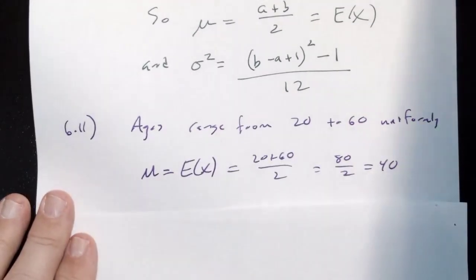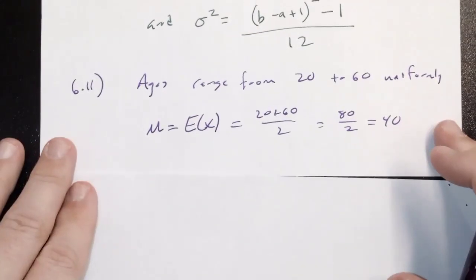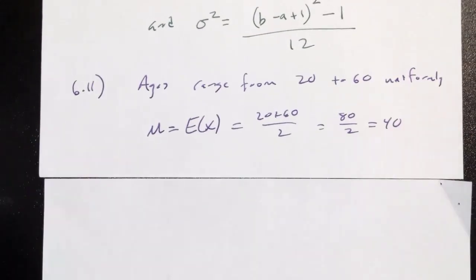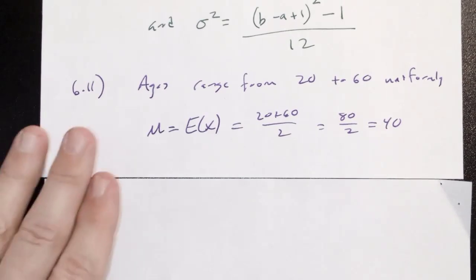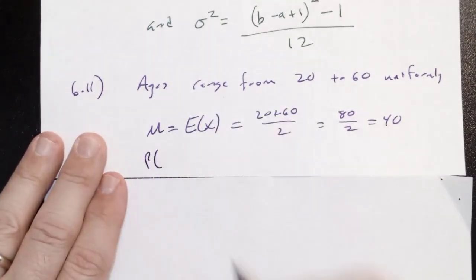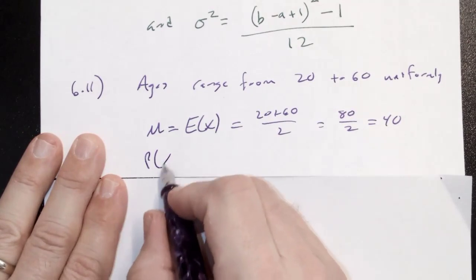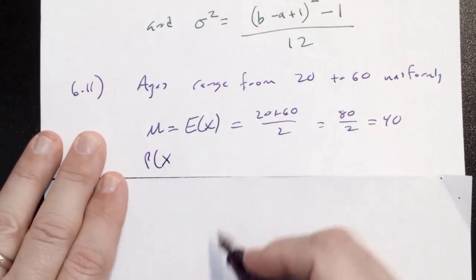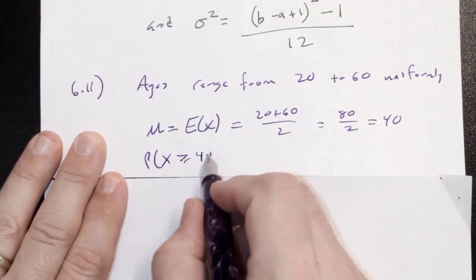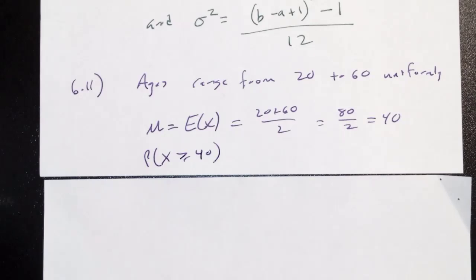Right now, I'm not sure that's going to help me very much. So let me instead ask you a probability question. What is the chance when you ask a programmer their age that they are older than 40? Or equal to 40?